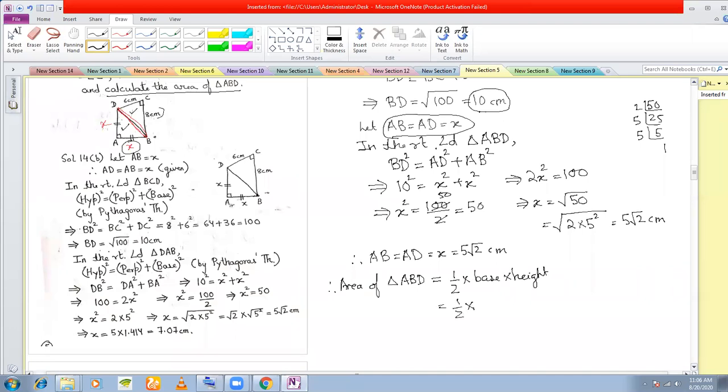Base is AB, height is AD, and both are equal to 5 root 2. So 5 root 2 into 5 root 2. So this becomes 25 into root 2 into root 2 divided by 2, which is 25 into 2 by 2, which is 25 centimeter square. Okay.